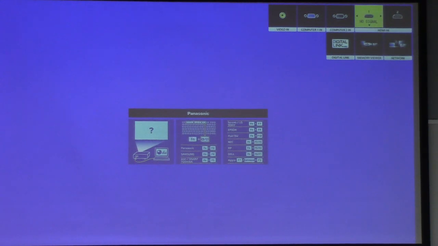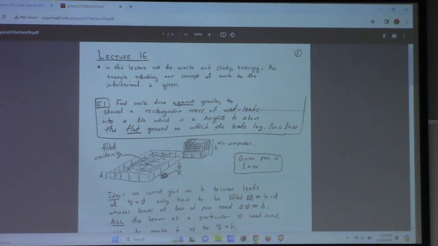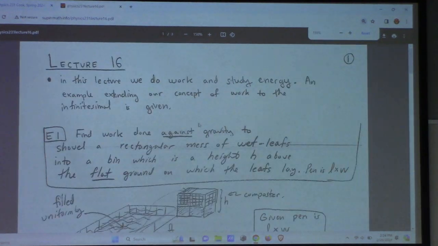So this is lecture 16, which is deceptively labeled work, a calculus-based physics example. In here, I have a few snazzy examples. We'll look at these together, and we'll eventually get to the example I wanted to look at.